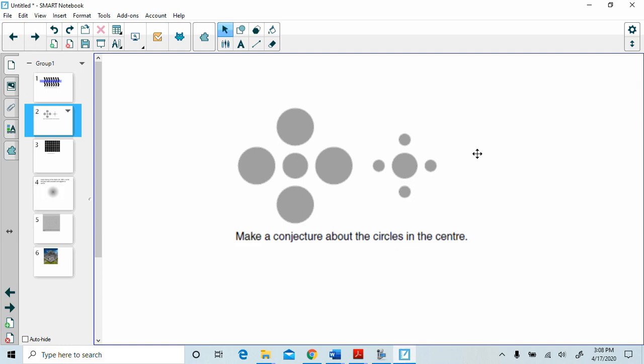So let's go with the conjecture that the right circle in the middle is larger than the middle circle on the left. Let's use some of the tools in here again, and we'll create a circle.